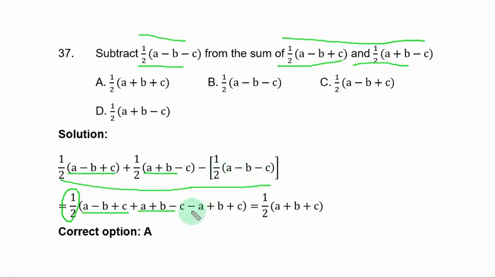So minus times a, you have minus a. Minus times minus b, you have plus b. Minus times minus c, you have plus c. So let's add some terms. Now minus b plus b is 0. Plus c minus c is 0. Plus a minus a is 0. You are left with a plus b plus c. So the half multiplies a plus b plus c. A is the correct option.